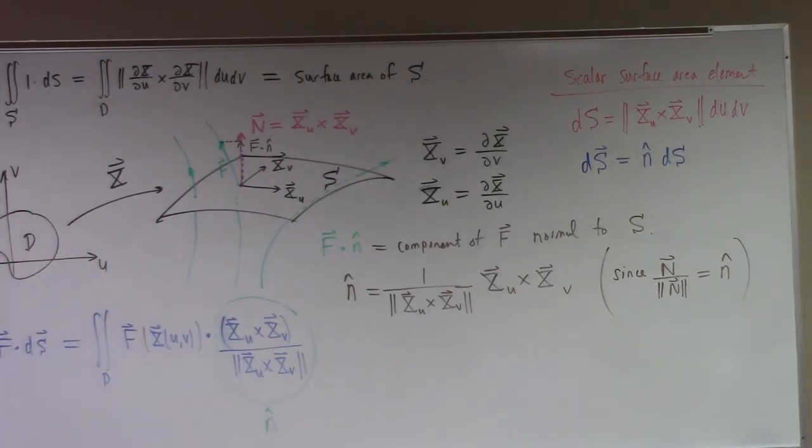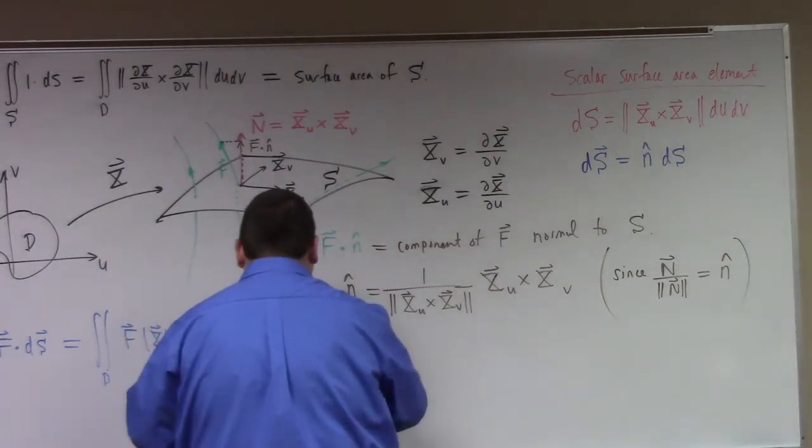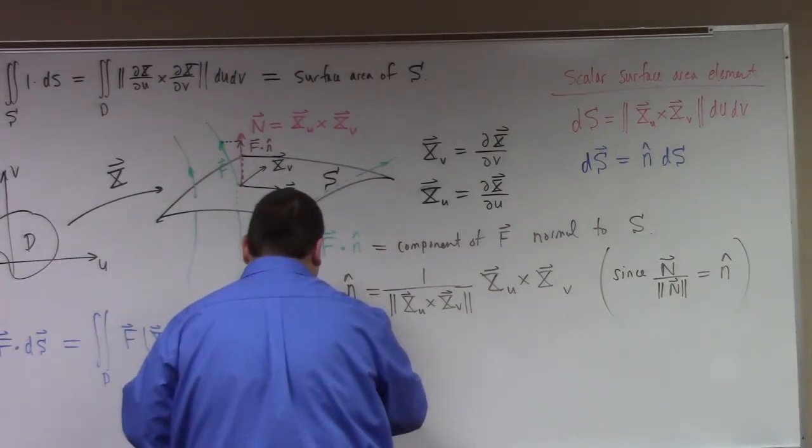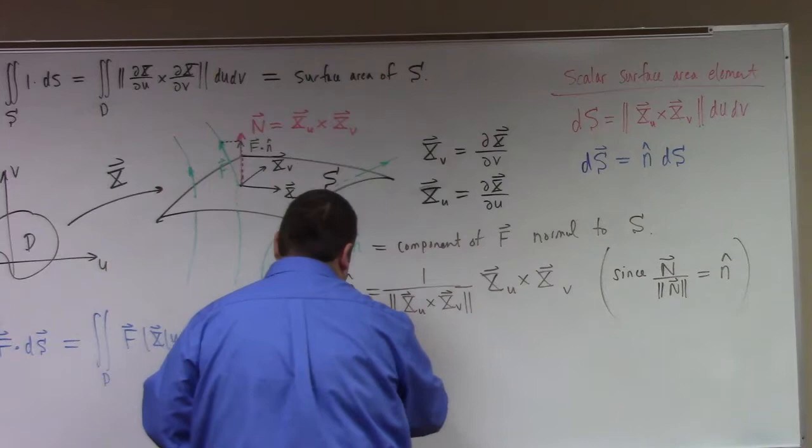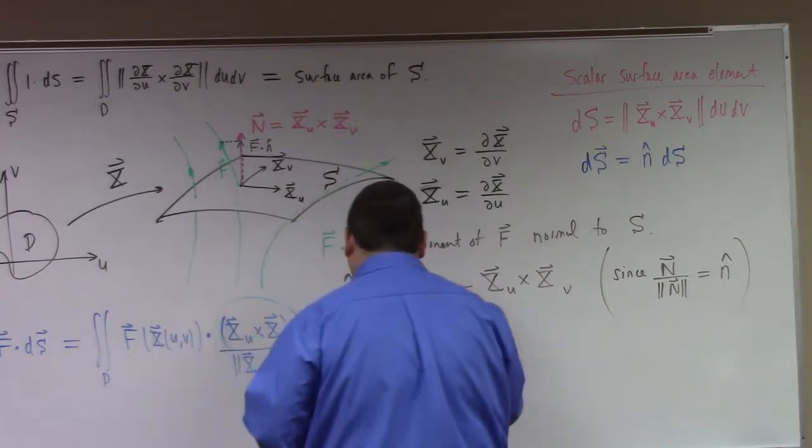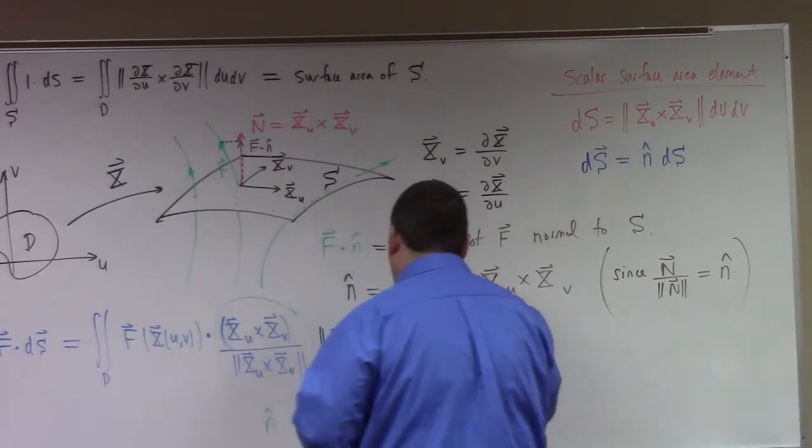Well, what does it mean to take the surface area integral of F? It means you integrate the function times this stuff. The dS is the length of x_u cross x_v, and then du dv.